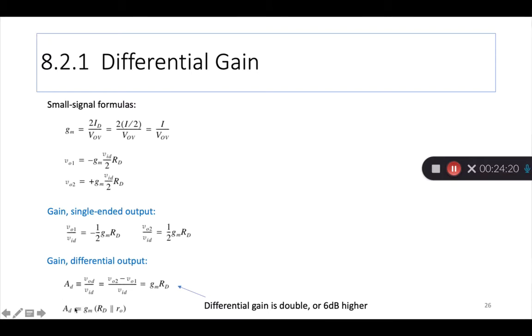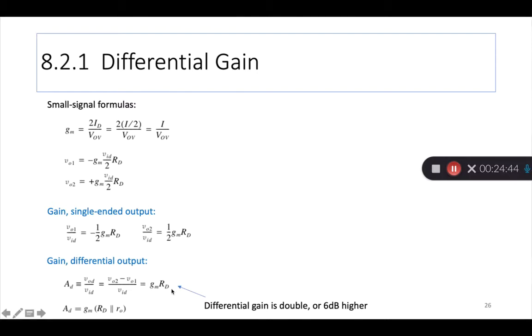Now the last thing I want to point out is that in all this analysis, we have ignored the output resistance of the devices, the intrinsic output resistance, the small RO. If that's the case, then the formulas are simpler.